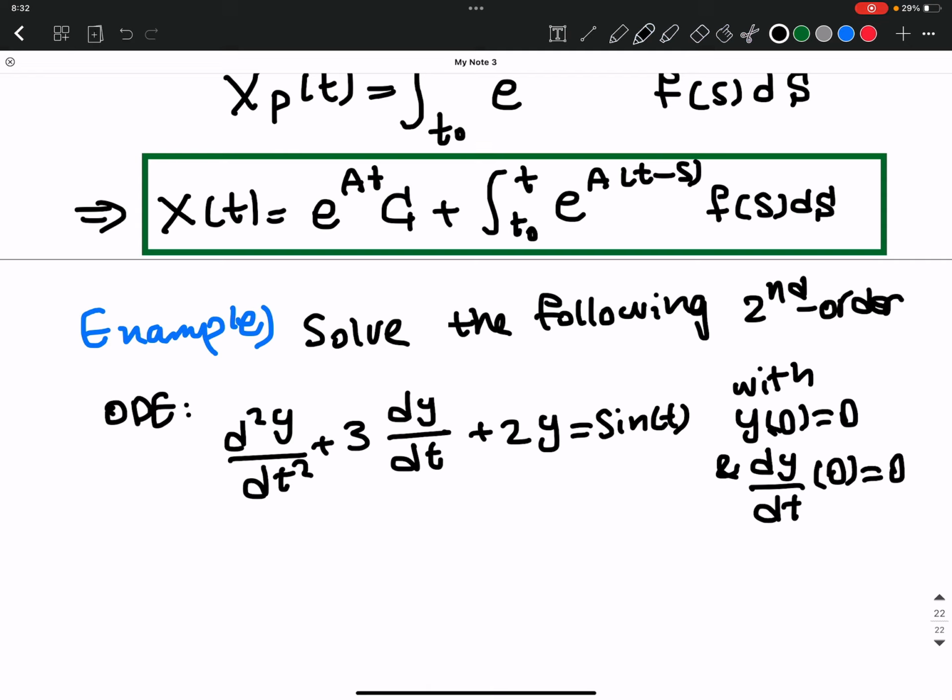So these are my initial conditions. Okay, now let's solve this.